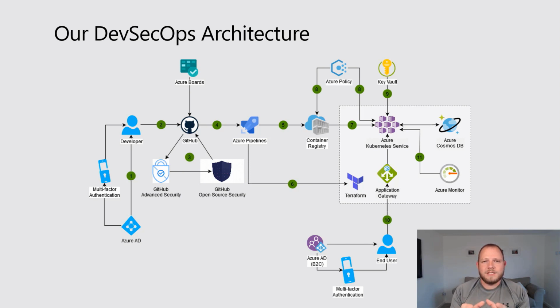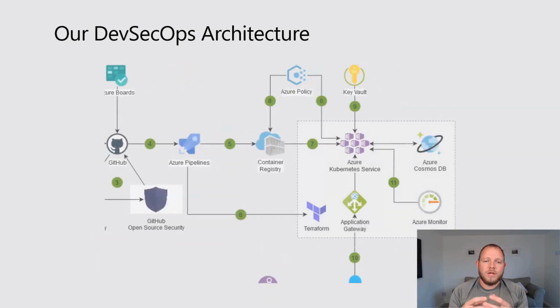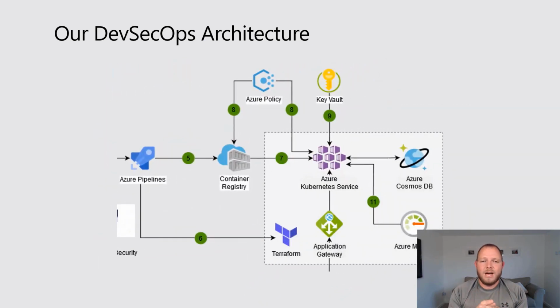So the one part of this that I really want to focus on in this section of the talk is the right-hand side there. You can see here that I'm using Azure Pipelines to deploy an Azure Kubernetes cluster as well as an Azure Container Registry instance. I'm doing that using Terraform, or infrastructure as code, which we'll talk about just shortly.